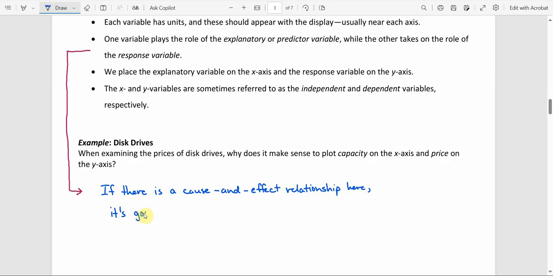So it's going to be that a larger capacity causes an increase in price. And that's it for section 4.2.